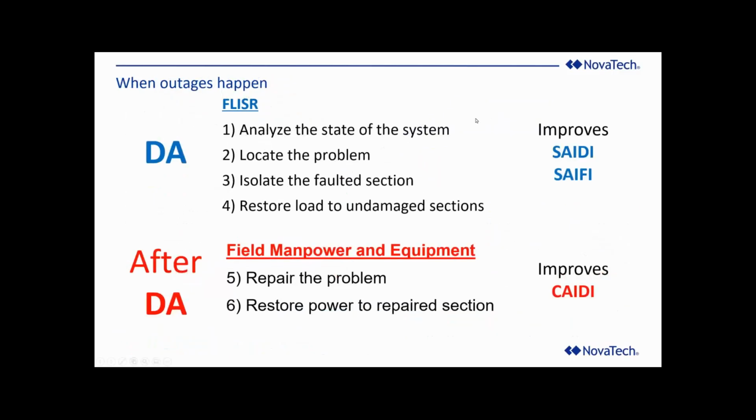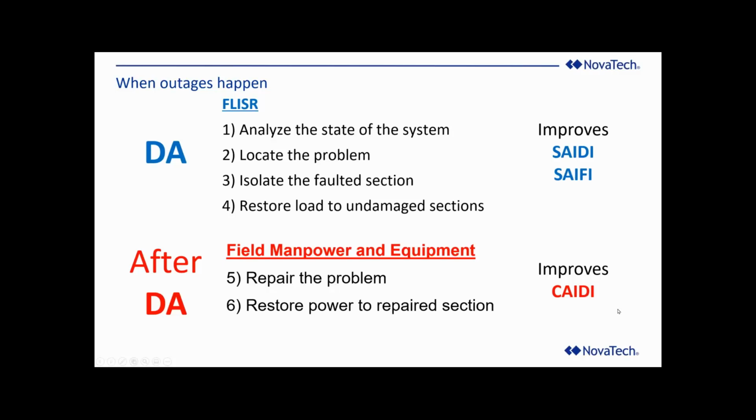When you apply DA, the FLISR is going to be affected by DA. That is going to analyze the system, locate the problem, isolate the fault, and restore load. DA will improve SAIDI and SAIFI. However, CAIDI is most affected by the repair.